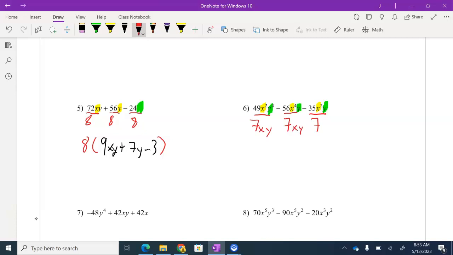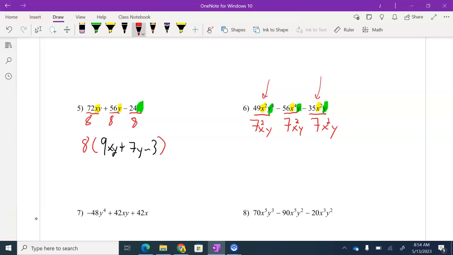Now the exponents also have something to do here. If you have an x squared like you have here and here, that's the smallest exponent for the x. That's the most you can take out. You can't take out anything more than the smallest exponent in the original problem. It's like trying to take out more than you have. It doesn't make sense. So you can only take out the exponent of the lowest original for that variable.